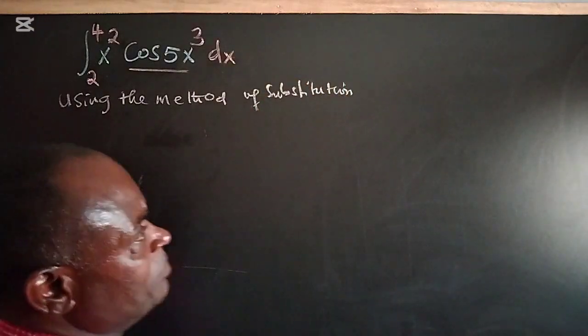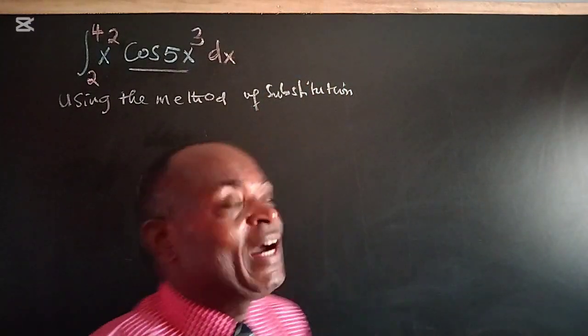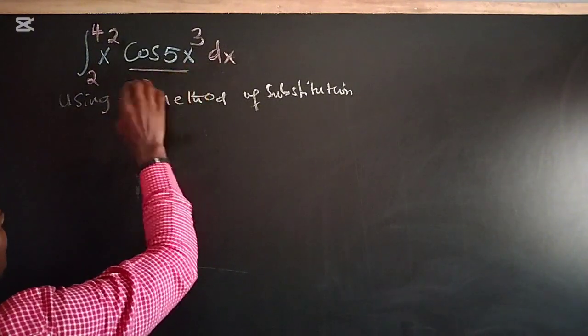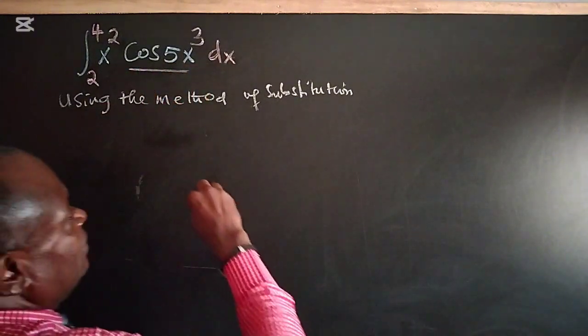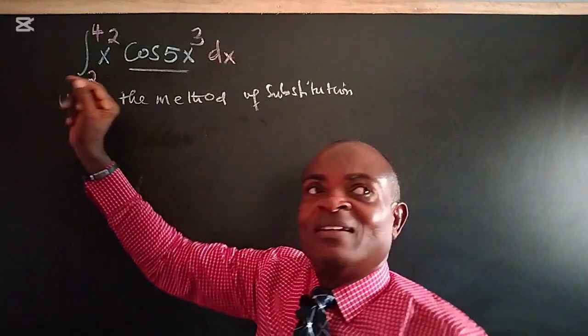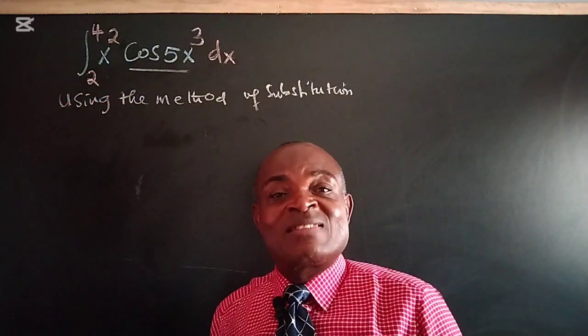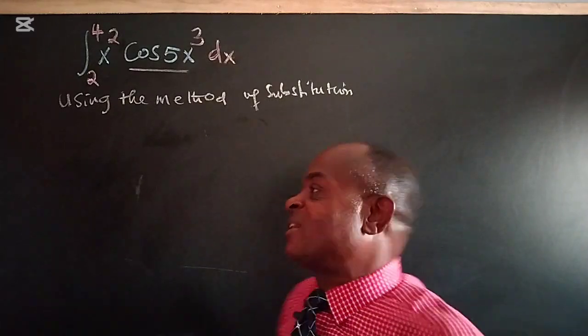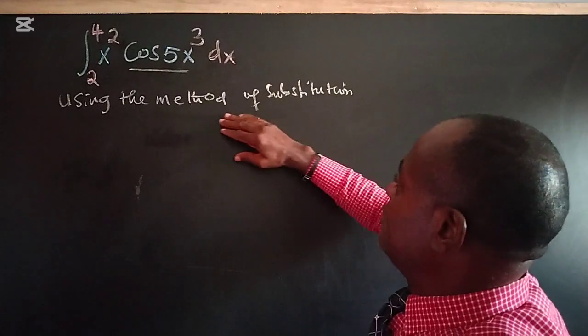Using the method of substitution, that means we have to apply some substitutions here. And why this method of substitution, you will be handling differentiation and integration simultaneously. Please, take note.